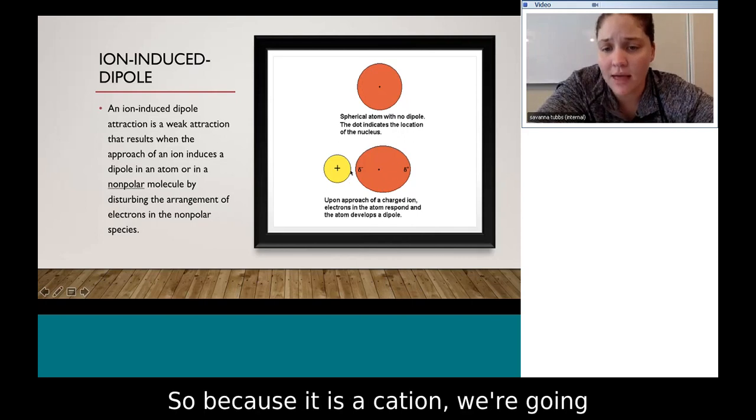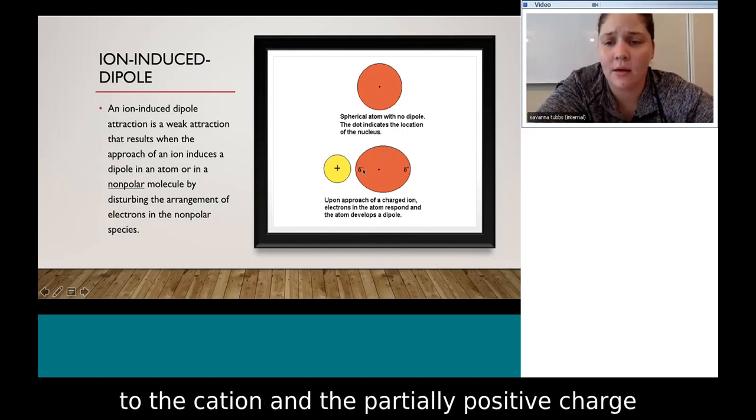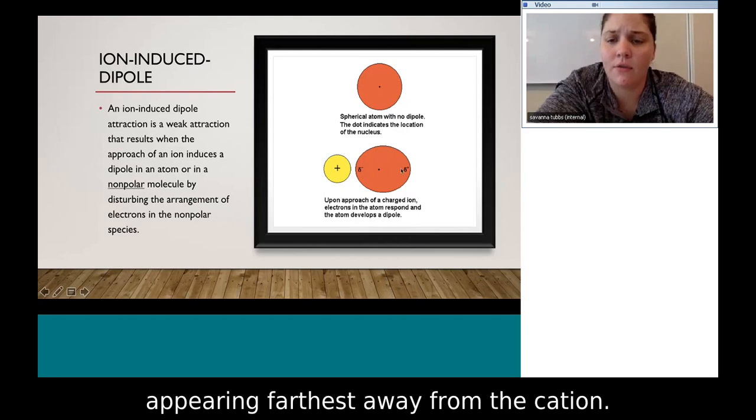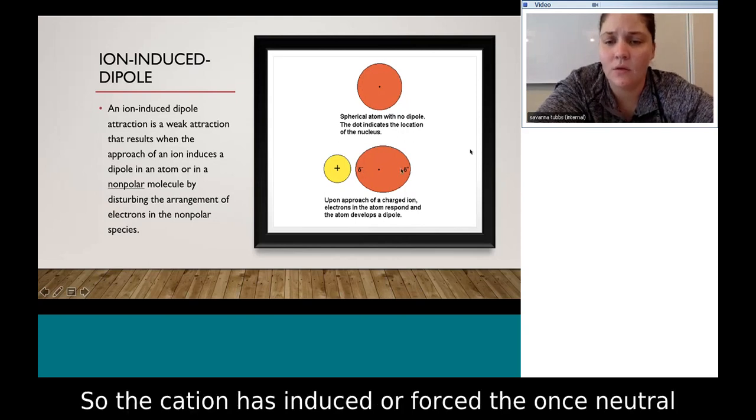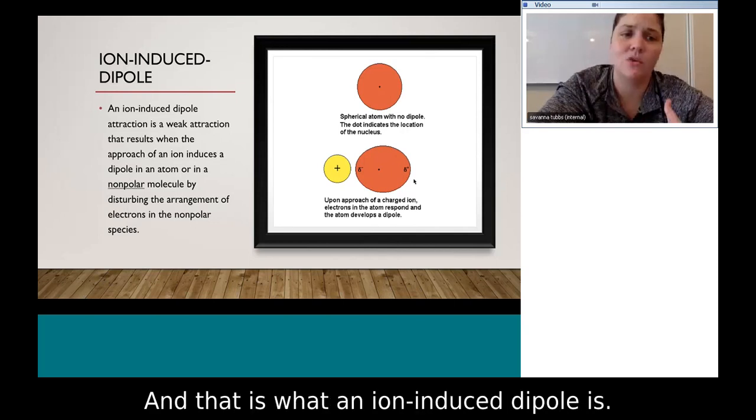So because it is a cation, we're going to see a partially negative charge occur closest to the cation and the partially positive charge appearing farthest away from the cation. So the cation has induced or forced the once neutral molecule to become a dipole, and that is what an ion-induced dipole is.